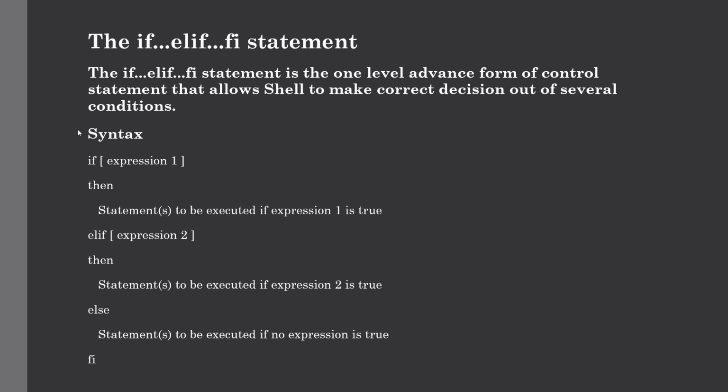If expression 1 is true, then it will execute the statement. Otherwise, if it is not true, then it will go to the elif and check our second expression. If this second expression is true, then this statement will be executed. But if it's not true, the last statement in the else clause will get executed if no conditions are true.